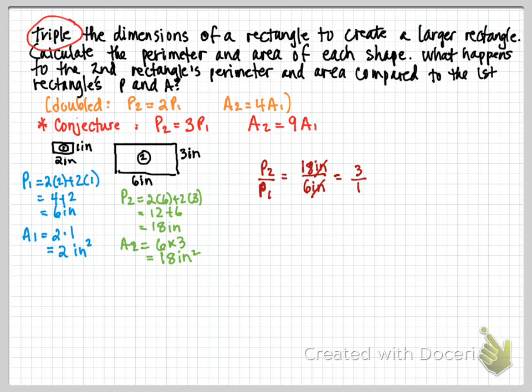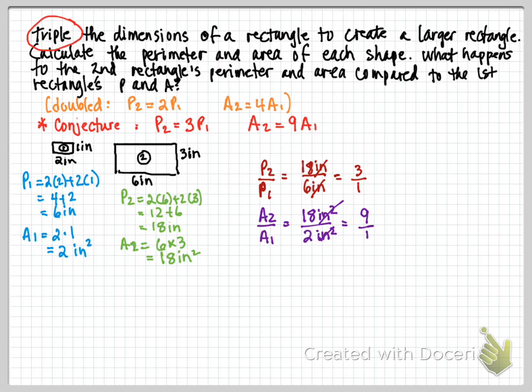All right, let's try the area. The area of the large one versus the area of the small one: 18 square inches compared to 2 square inches. The square inches go away, 2 goes into itself once, and into 18 9 times. Oh, look at that.